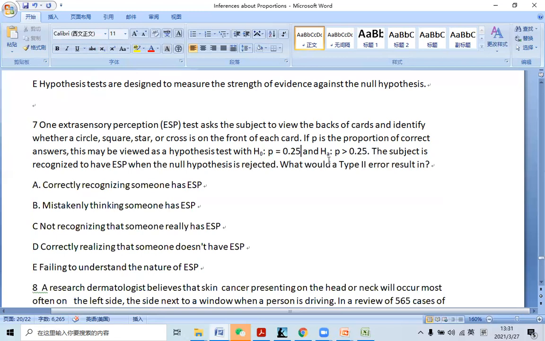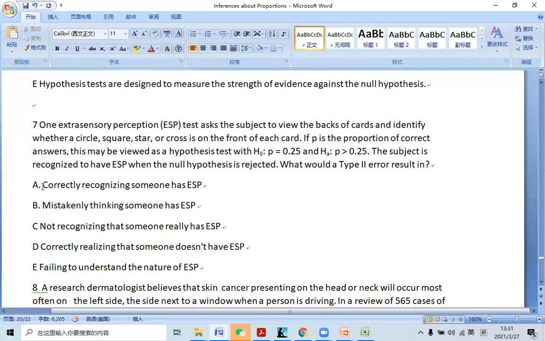And type 2 error is when the null hypothesis is false. When this guy does have some kind of special ability, you don't reject the null hypothesis. You deny that he has special ability. So which one matches type 2 error?